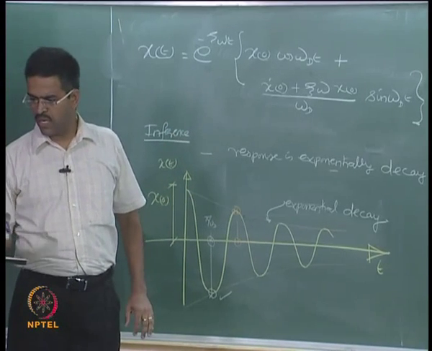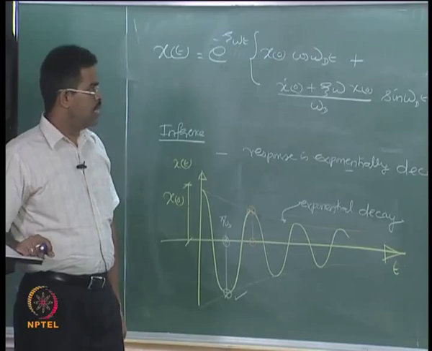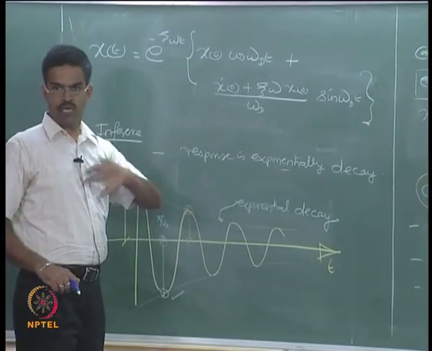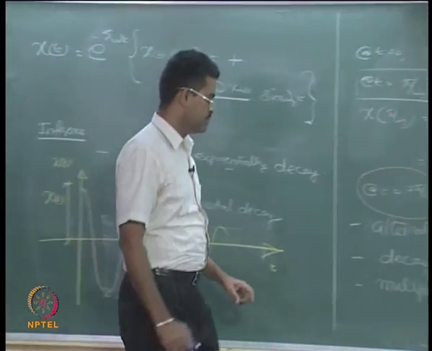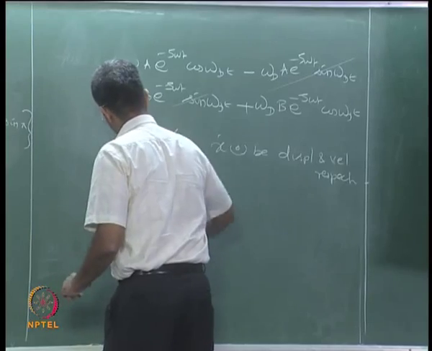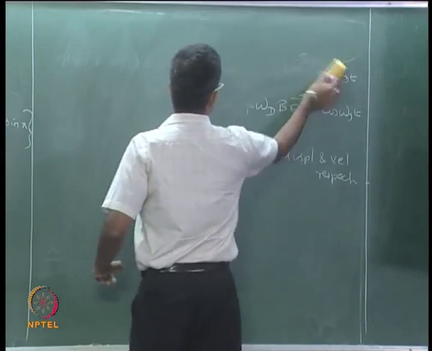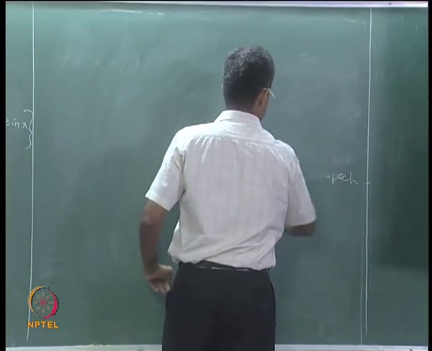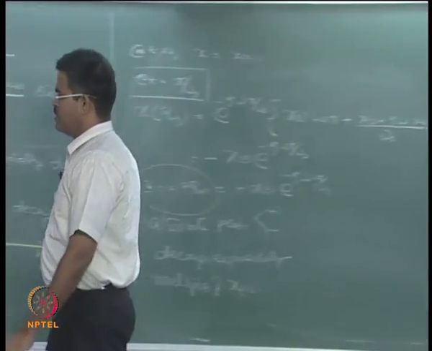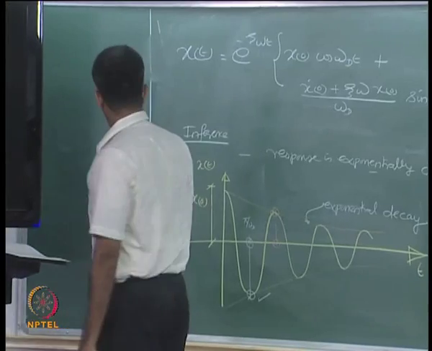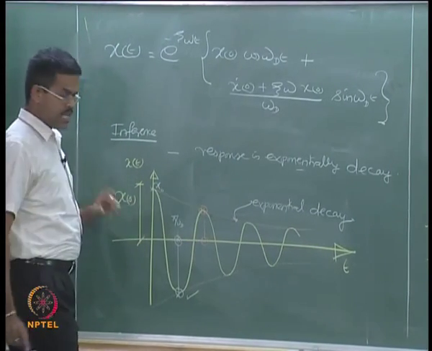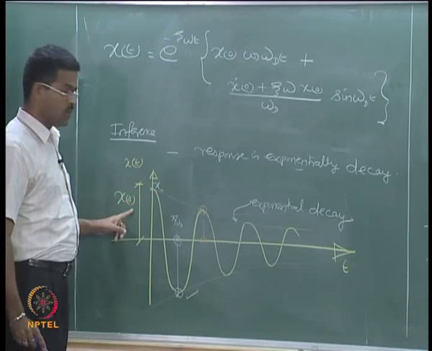Now interestingly, let us look at the ratio of the successive positive peaks or successive negative peaks, let us see what happens, okay. I will remove this. Let us say I call this x naught, x suffix 0, okay, this is x0.